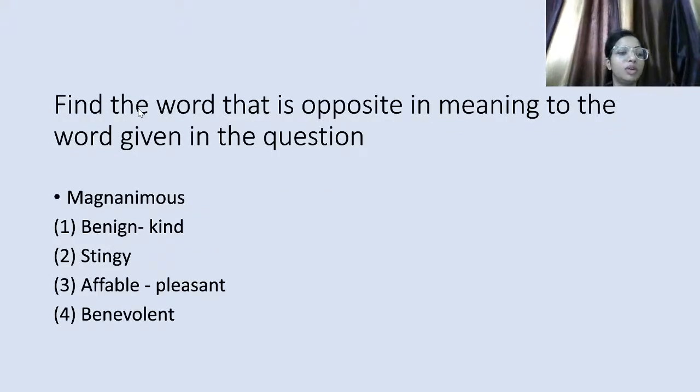Now, we shall move to the next question, magnanimous. Find the word that is opposite in meaning to magnanimous. Options: benign, stingy, affable, benevolent. Please choose.